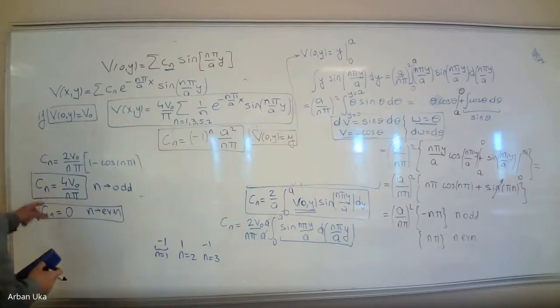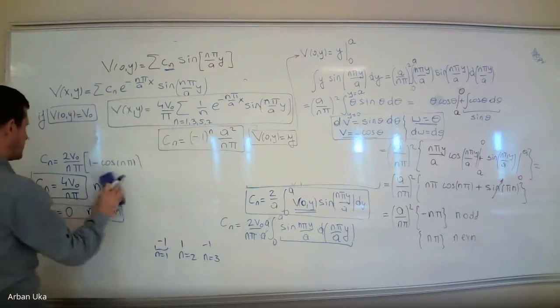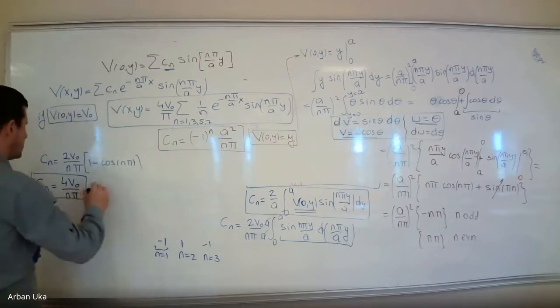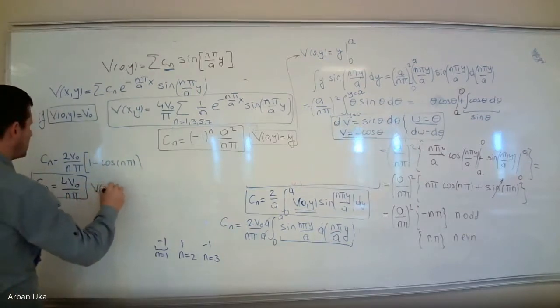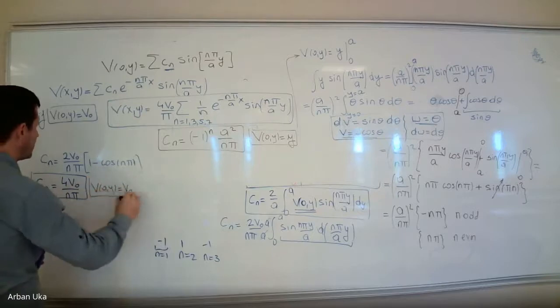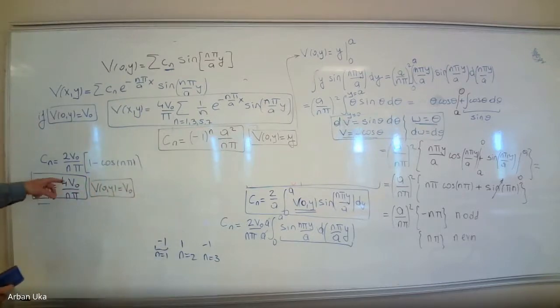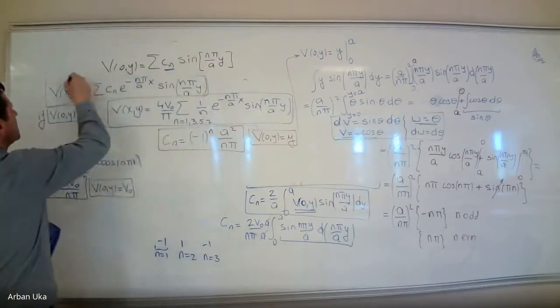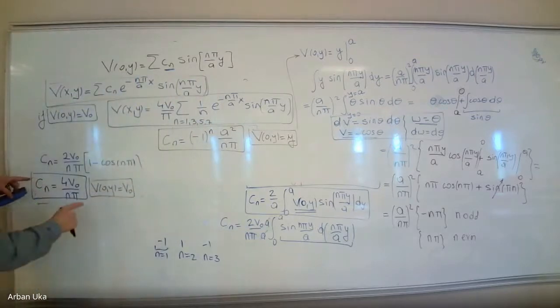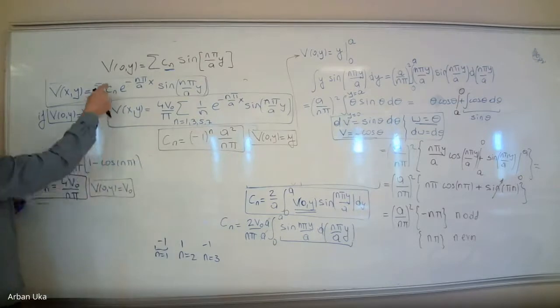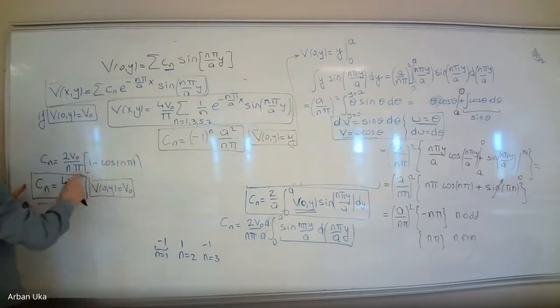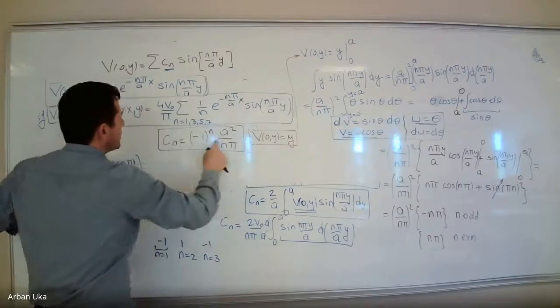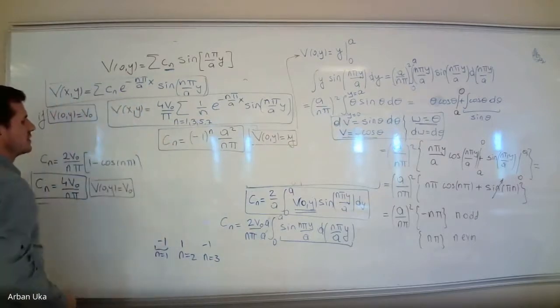And this Cn was when v0y was a constant, v0. So we can see the nature of how these parameters play around or how they change as a function of all of these values. So again, in this expression, if the potential is equal to v0, we substitute this expression here. If v0y is equal to y, we substitute this expression here.